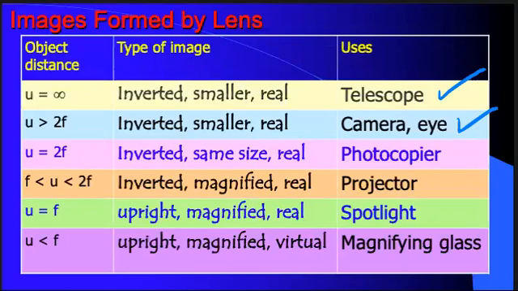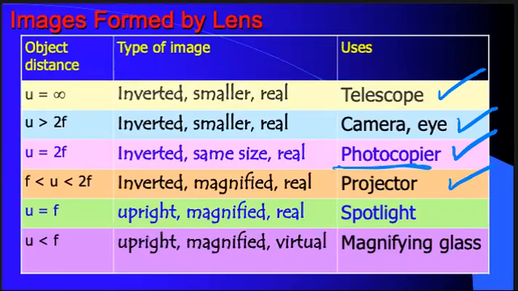If the object is found at the curvature, so inverted, same size and real. That's why your photocopier works exactly of the same size. Okay. So if the object is between F and 2F, that's the image produced in the projector.